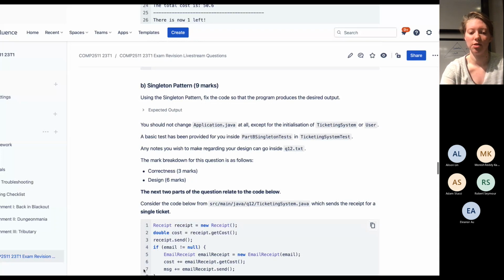So if ticketing system isn't null, then we want to return our ticketing system. Otherwise, we want to do ticketing system equals our new ticketing system, and then return it.